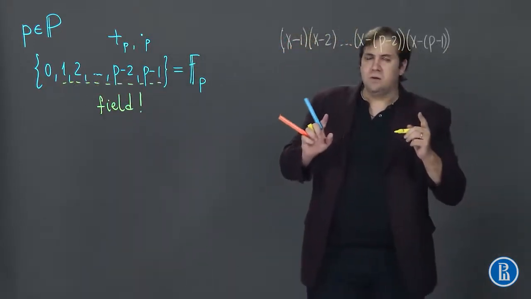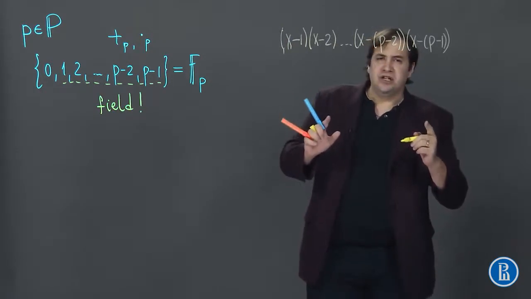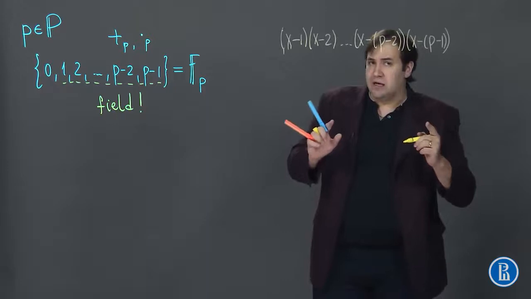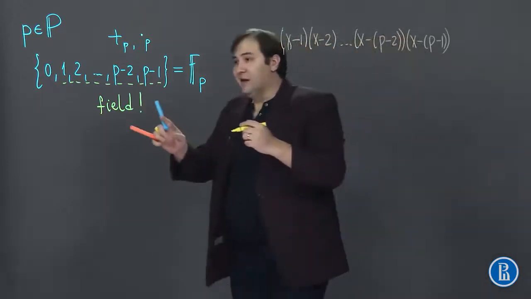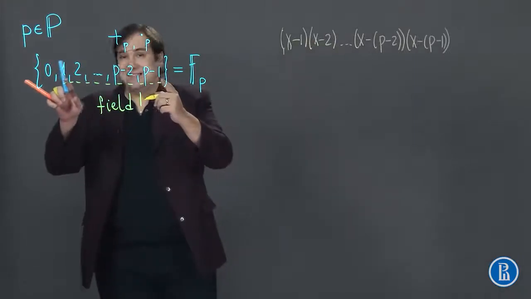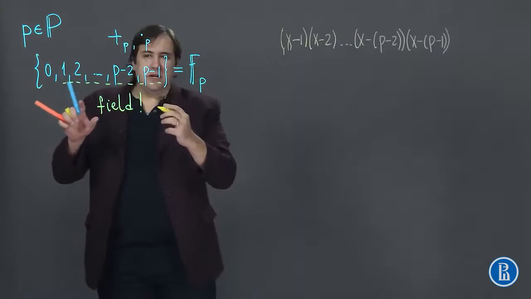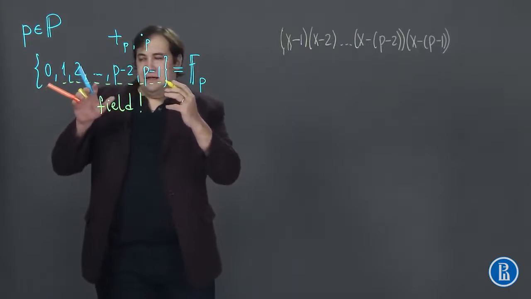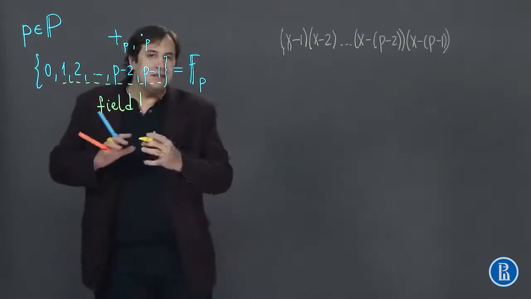But do we know another polynomial which turns into 0 when x is substituted by any of these elements? So such a polynomial that, applied to 1, 2, and so on to p minus 1, turns into 0.